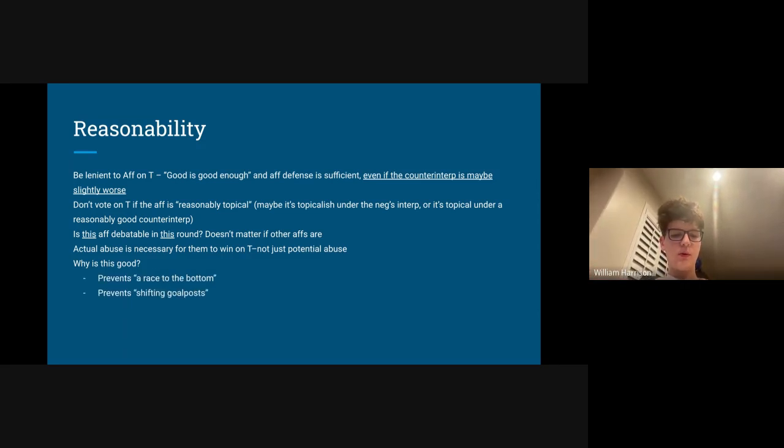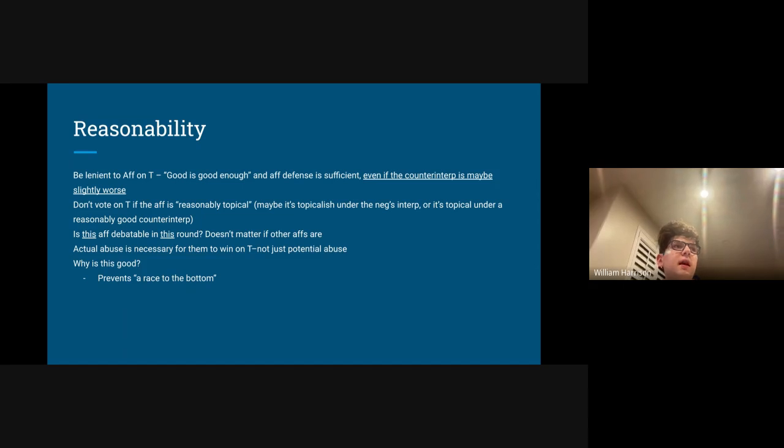So really the reasons I said this is good are just reasons that its alternative is bad. If we limit ourselves to a particular definition that the neg proposes, then maybe next time you're going to read an AFF that meets that definition. What's the neg team going to do? They have two options. They can either not read T against you, or they can read another slightly more limiting definition that excludes your AFF.